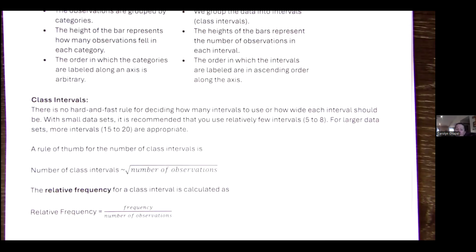The rule of thumb I've seen in this textbook anyway says that the number of intervals should be roughly the square root of however many observations you have. So if you had 100 observations, you'd have roughly 10 groupings would be a good way to start. You can adjust a little bit. Like they've said, there is no hard and fast rule. So sometimes you have to play with your data a little bit to figure out what classes work.